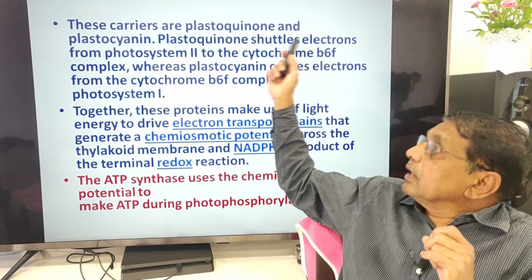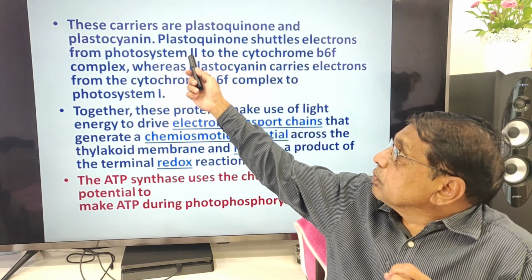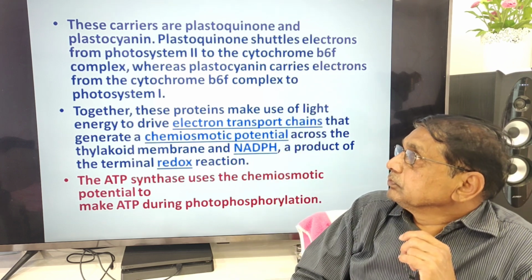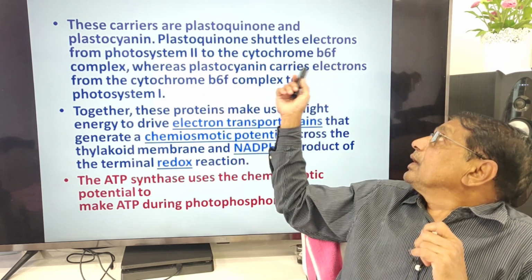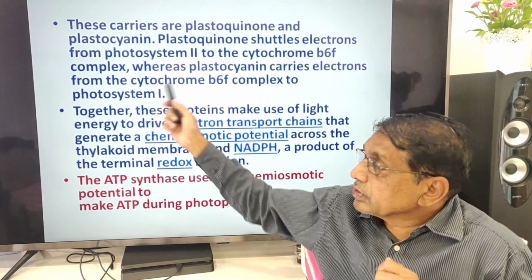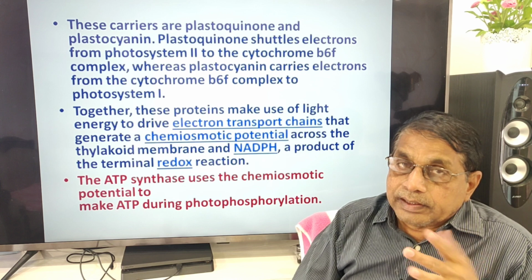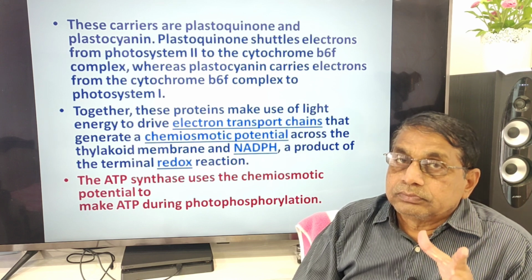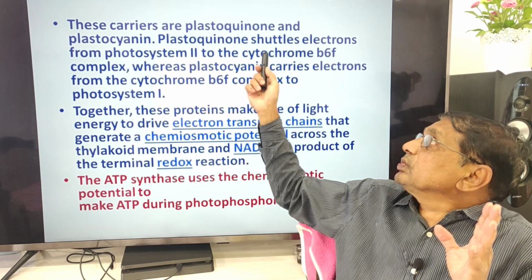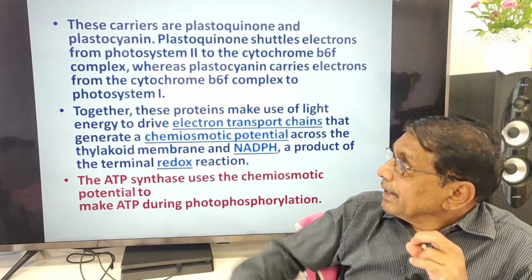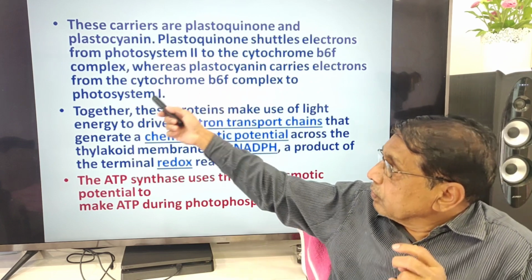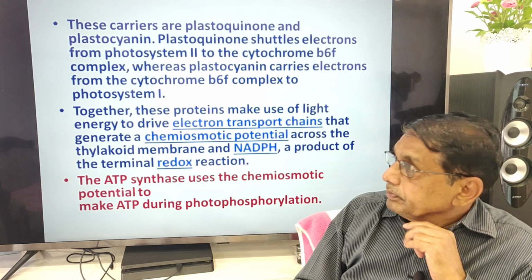Plastoquinone shuttles the electrons from photosystem 2 to cytochrome b6f, whereas plastocyanin carries the electrons from the cytochrome b6f complex to photosystem 1. Later in the diagram I will show you. Plastoquinone from photosystem 2 to cytochromes, plastocyanin from cytochrome b6f to photosystem 1.